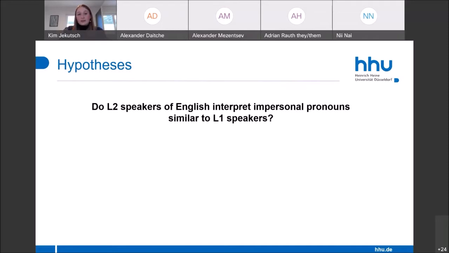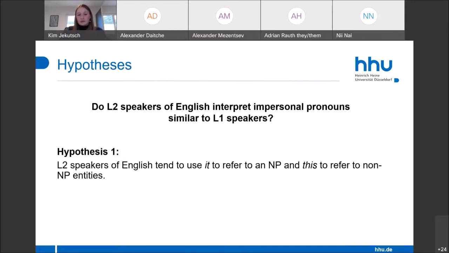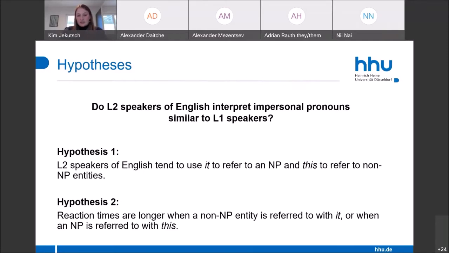And since I'm predicting similarity to L1 speakers of English, I tested two hypotheses. First, L2 speakers of English tend to use it to refer to a noun phrase and this to refer to a non-NP entity. And second, reaction times are longer when a non-NP entity is referred to with it or when a noun phrase is referred to with this.